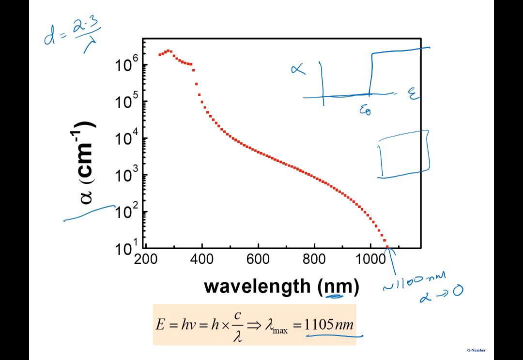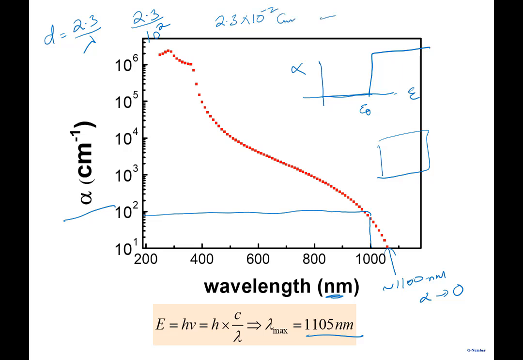If you want it to absorb everything from, let's say, 1000 onwards. So alpha there is, let's say, I'm not drawing accurately, 10 to the power 2. Then D required is 2.3 by 10 to the power 2. This is in centimeters, so it becomes 2.3 into 10 power minus 2 centimeter.